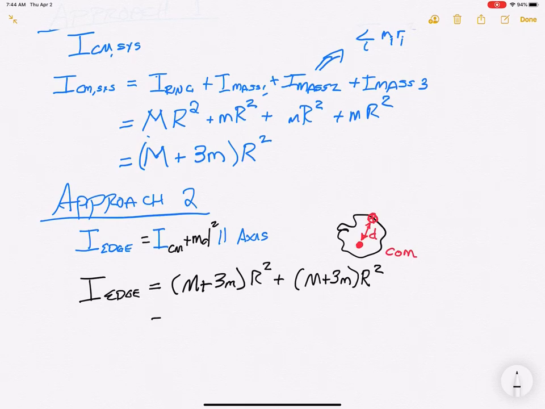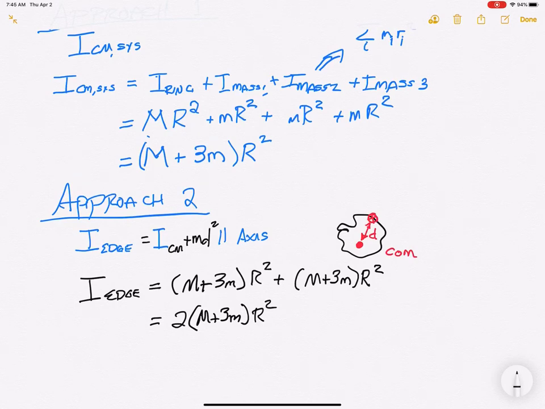So rotating this around the edge of the ring gives us 2M plus 3m, r squared. We do a quick check for sufficiency, which is I'm on the edge. I know all of those values. We are ready to take the next step in our problem solving.